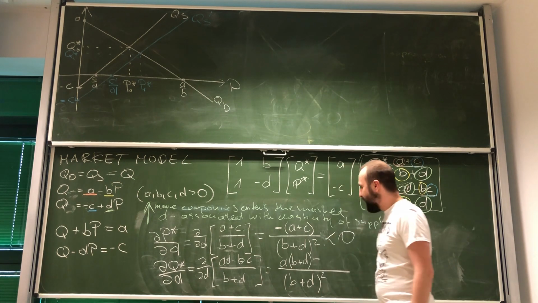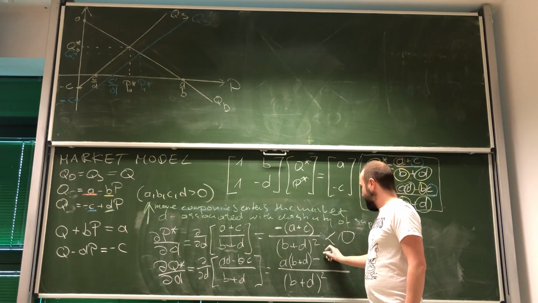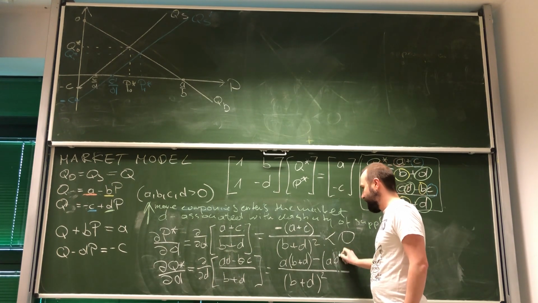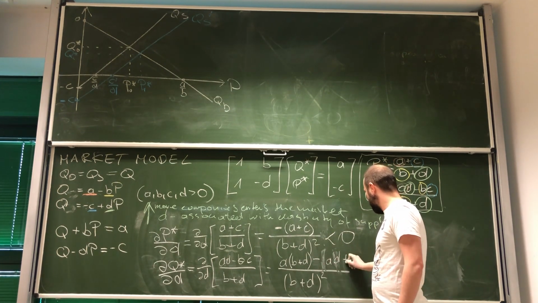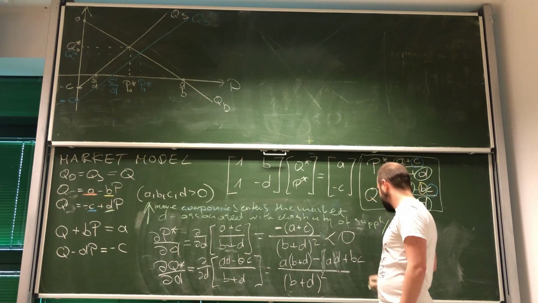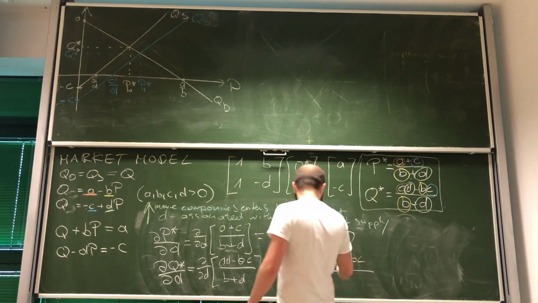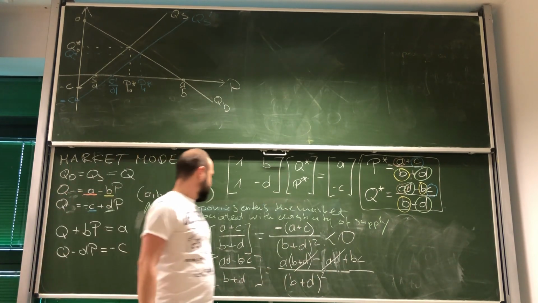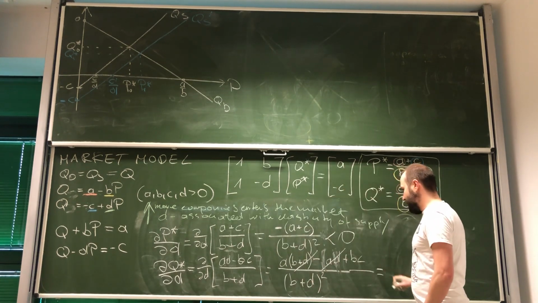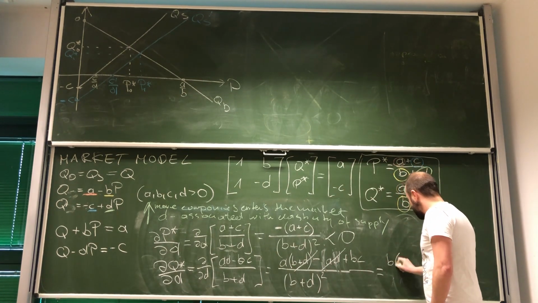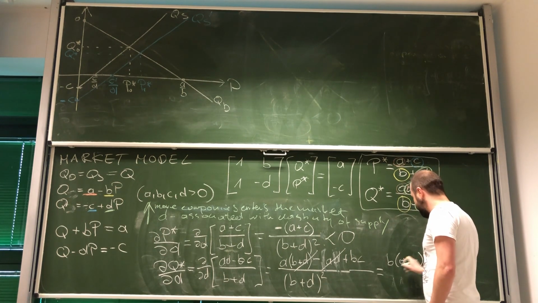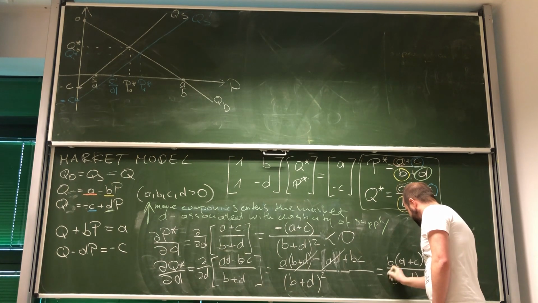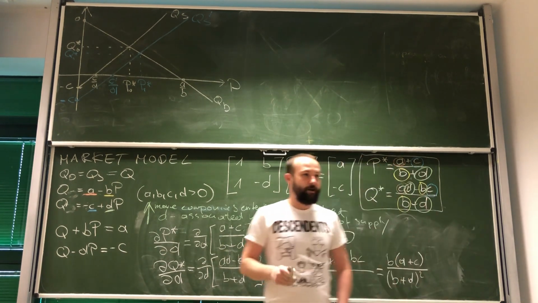And now we will have minus (AD minus BC), so plus BC. So we see that those two expressions will cancel each other out, and at the end we're getting B times (A plus C) over (B plus D) squared.